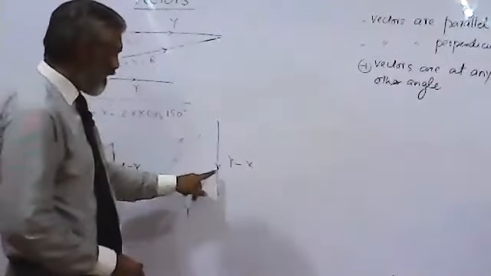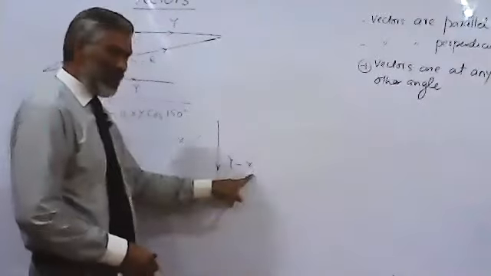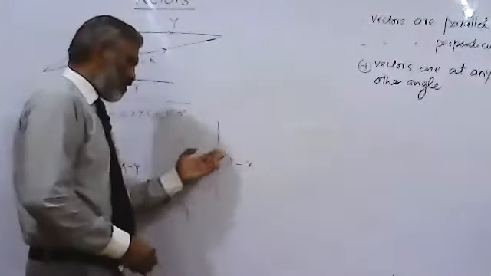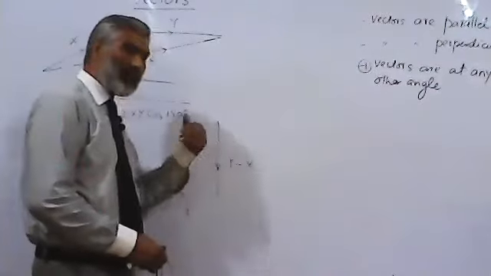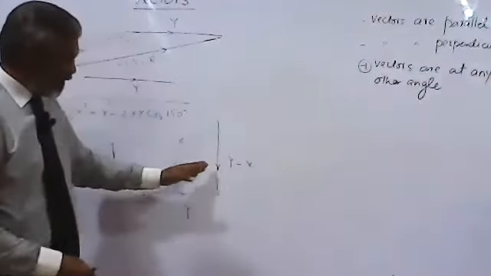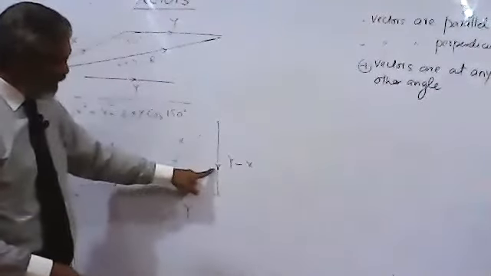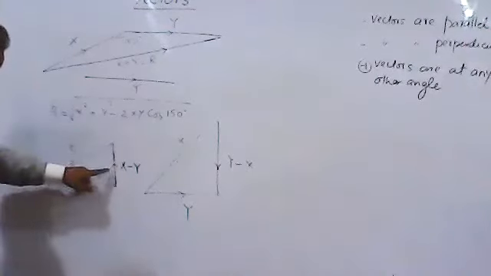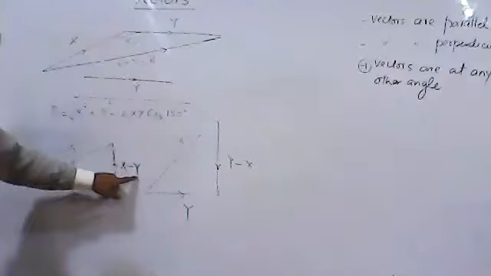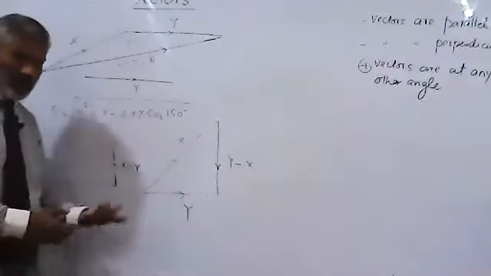It starts from the vector which appears later in this expression, y minus x. In y minus x, x appears later, so our vector starts from the head of x. Similarly, in x minus y, our vector starts from the head of y because y appears later in this expression. So it's a rule.